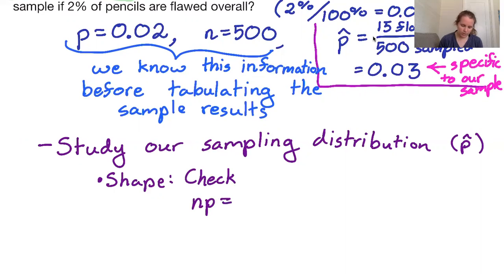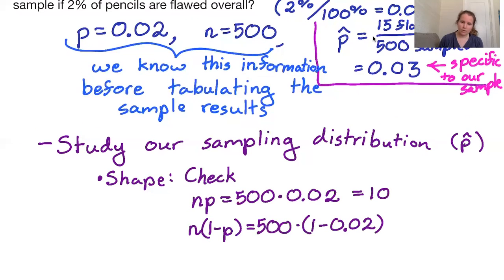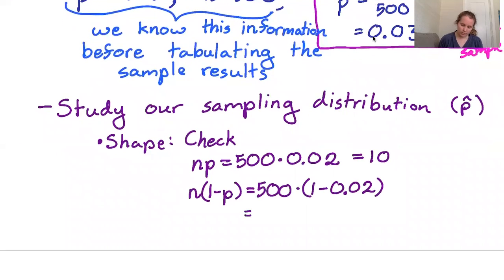We have 500 times 0.02, which is 10. And then n times 1 minus p is 500 times 1 minus 0.02, or 500 times 0.98, which should wind up being 490.